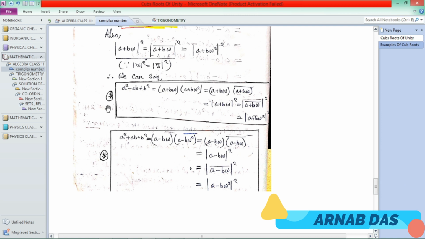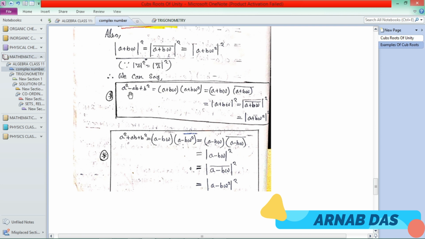Sorry. And a square minus ab plus b square equals a plus b omega into a plus b omega square, and this equals a plus b omega into the bar of a plus b omega, and this equals mod of a plus b omega whole square, and the bar of a plus b omega equals a plus b omega square.